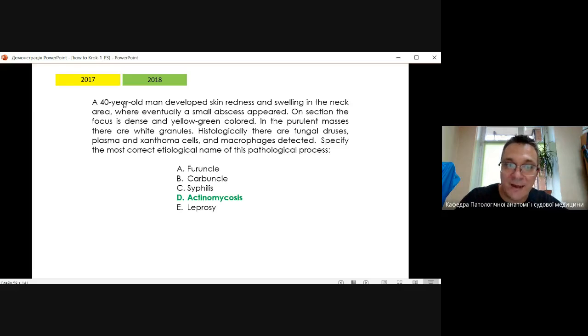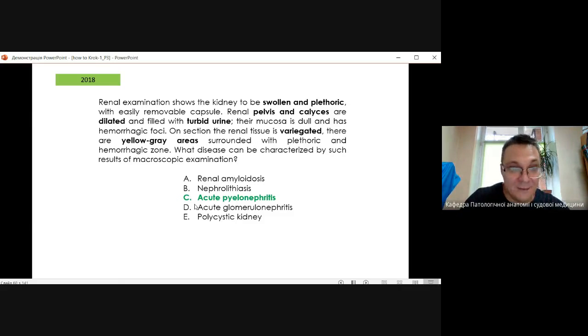That's the question about actinomycosis, and you remember the keyword here is the presence of druses, fungal druses. They are here. That's the keyword for actinomycosis. Then again, acute pyelonephritis. You have asked me how to distinguish acute pyelonephritis and acute glomerulonephritis. Use keywords.